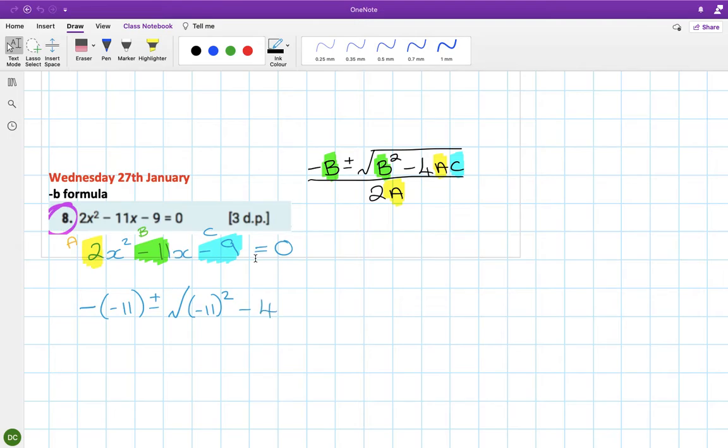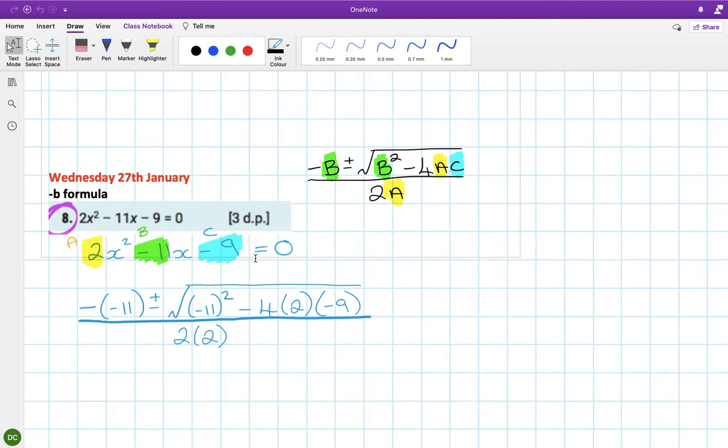Then we have A, so we're going to multiply that by A, which is 2, and multiply that by C, which is minus 9. And then the bottom line is 2A, and A is 2.